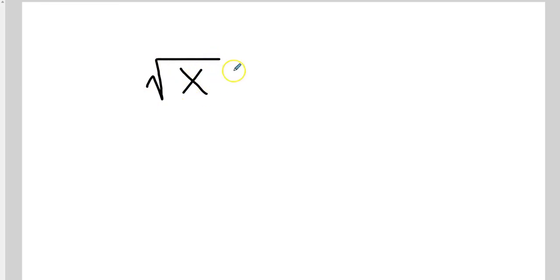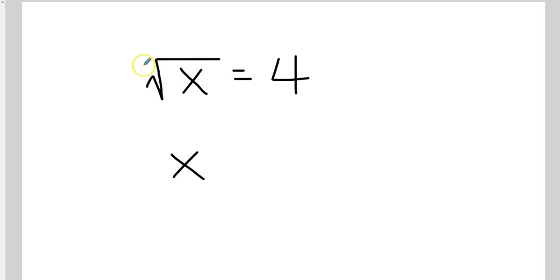Say we have the square root of x is equal to 4. I need to figure out some value of x. When I take the square root of it, I get 4. Well, if you remember back from our last unit, we can actually convert this radical into a rational exponent.